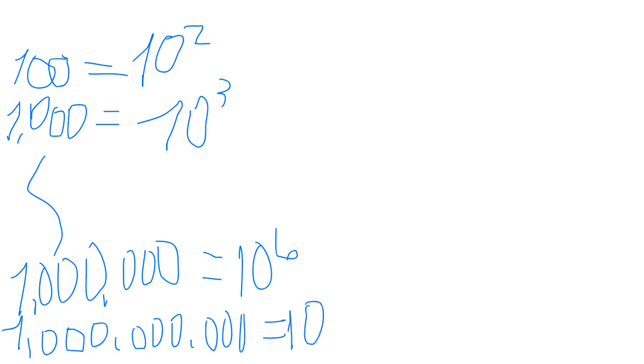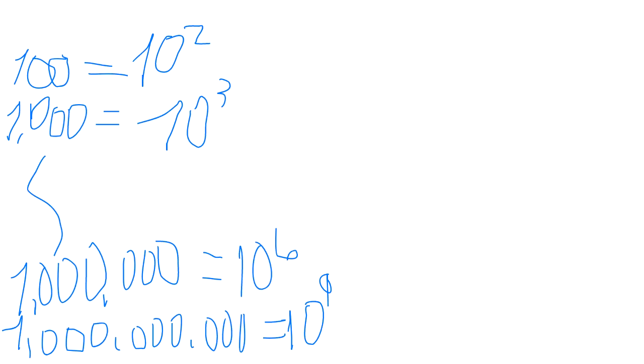Now, these large numbers are very cumbersome, because putting so many zeros is already exhausting and annoying, right? But there's a better way of representing them by the exponent, right?